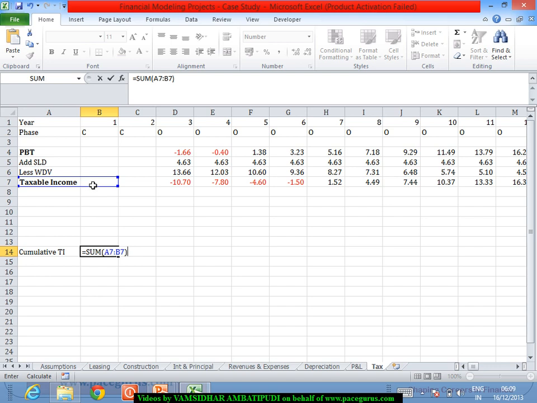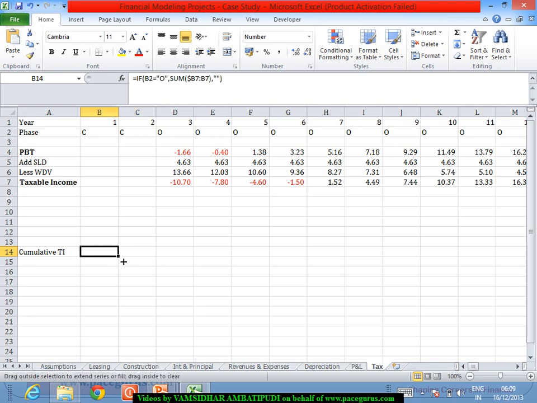That is what I call the cumulative taxable income, where I can do it right from this year itself. But even that, if this is equal to 0, I'll do the summation of the cumulative taxable income by freezing the B here, and otherwise I will leave it as blank.